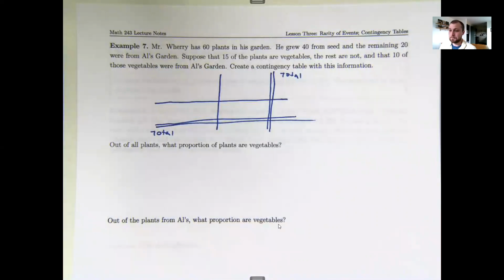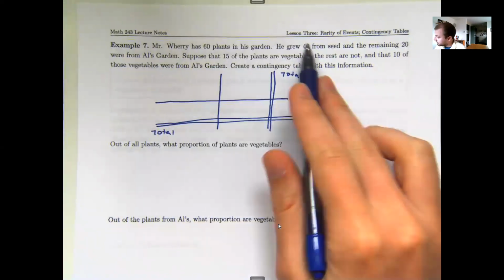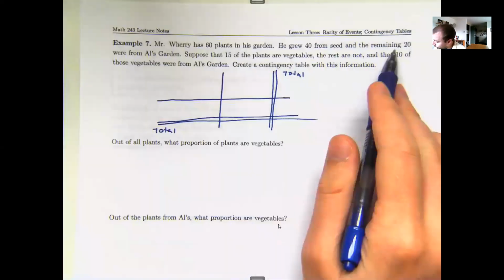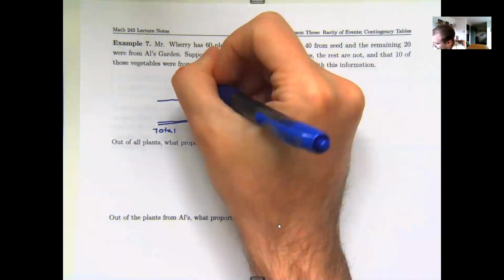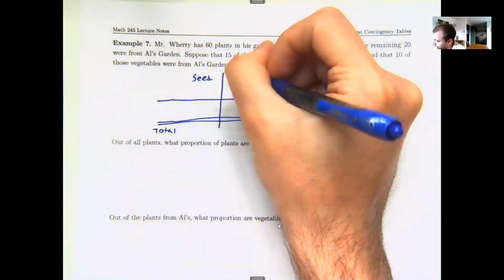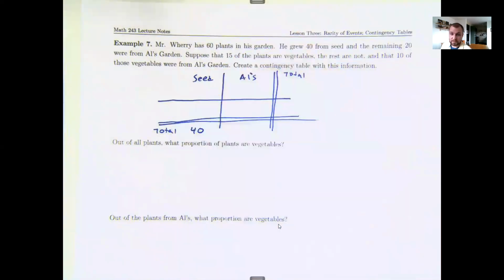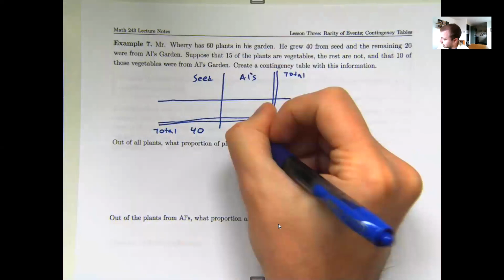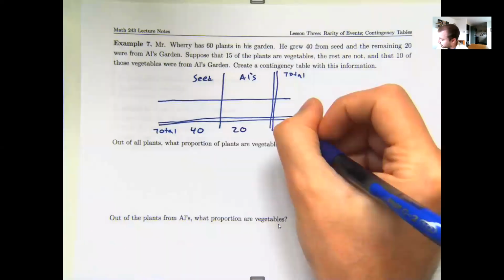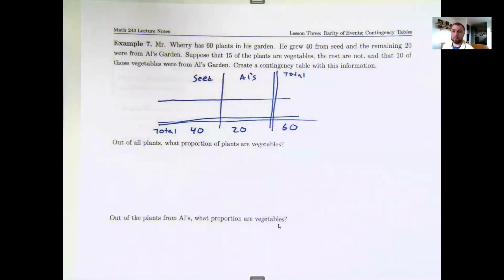Okay. I'm hoping you paused it. I'm hoping you tried it. Okay, if you didn't, let's see. 40 from seed, 20 from Al's. So I have things from seed and I have things from Al's. In total, 40 from seed, 20 from Al's, and out of 60 plants in total.